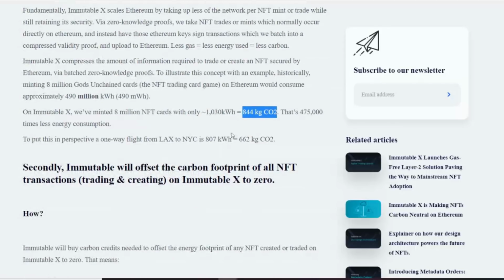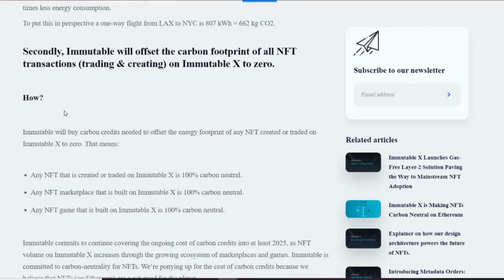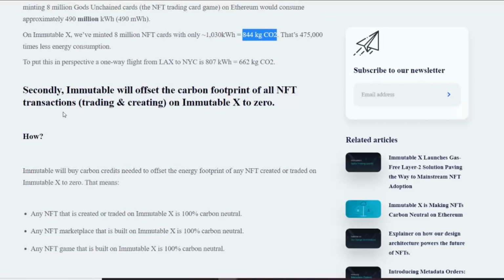Now, just because there is a significant decrease doesn't mean that it is purely zero carbon. So the way that they make up for it is what a lot of companies in the industry do. If you imagine, every company has an allowance for how much they're allowed to pollute. Now, some companies will pollute less than others. So what they can do is sell the credits that they're allowed to pollute to companies that are polluting more.